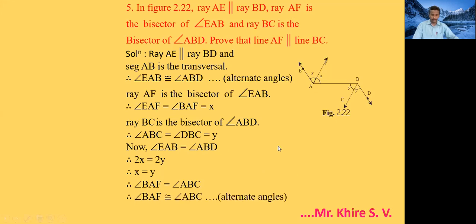We can write angle BAF is congruent to angle ABC because these two are alternate angles. And if alternate angles are congruent, then the given two lines or rays are parallel. Therefore, line AF is parallel to line BC. Ray AF and ray BC are parallel.